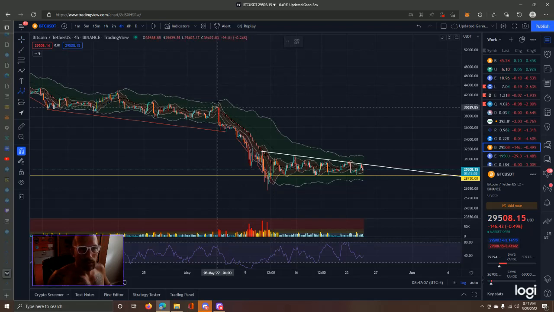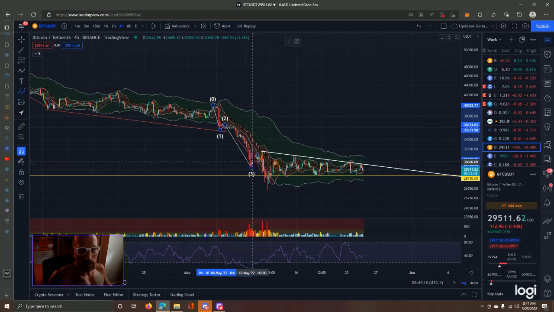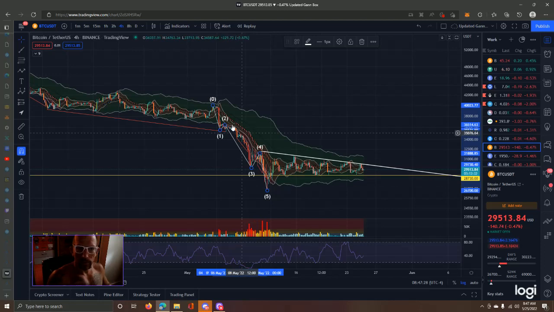I'll drop it back down to the 1 hour in a second. So we have an impulsive move here. Something like this, right? All right, that's a clear Elliott wave from 40-ish K to 26K. I mean, that's as impulsive as they come.